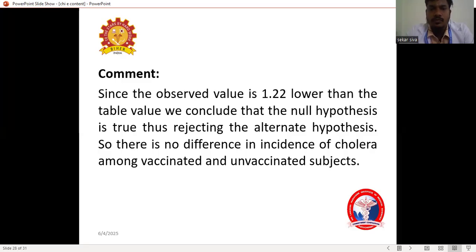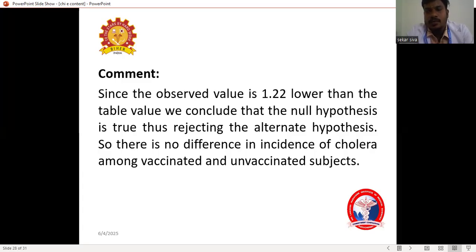If you make the 2 cross 2 contingency table correctly, the whole problem will be right. If any values are misplaced, then the whole sum is wrong.